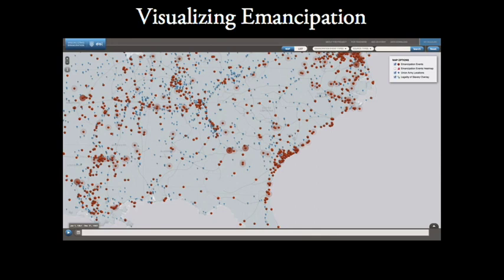Visualizing Emancipation is a project that attempts to provoke us to think about emancipation in a geographically nuanced way.